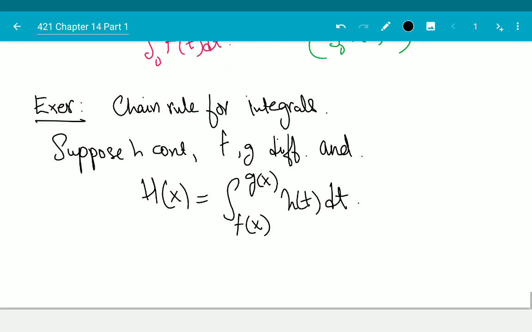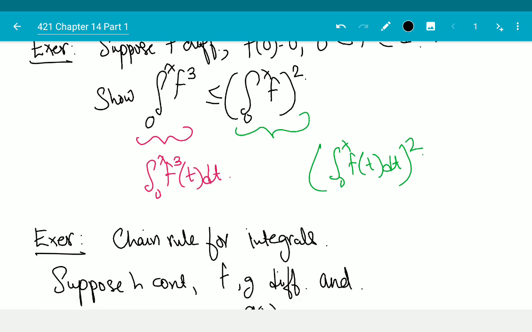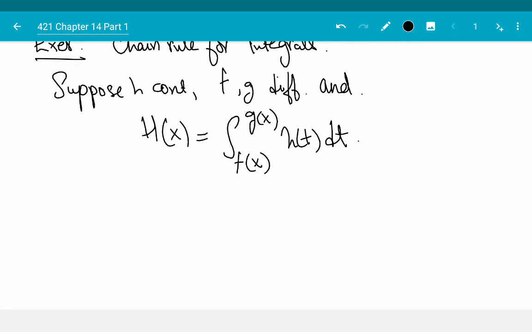Okay, so far we have seen integrals from 0 to x, or from a constant a to x, a to b. This time I have both of these as functions of x. None of these is x, none of these is a constant, possibly. Even if they are, life would be fine. How do we work with this?